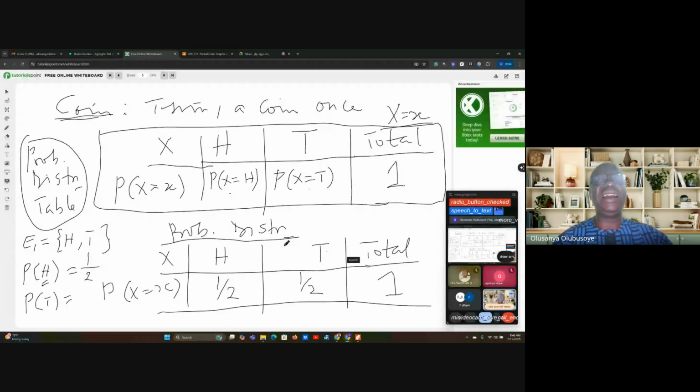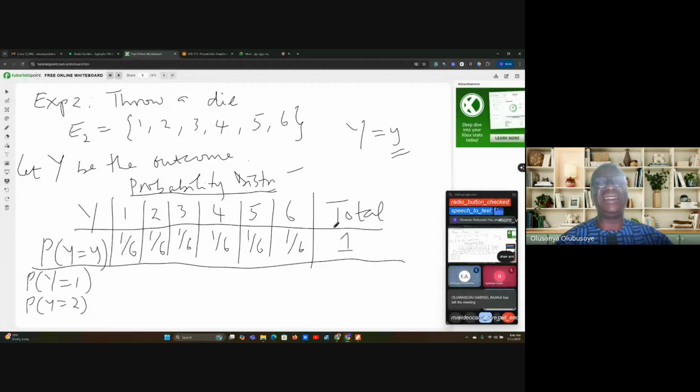We also demonstrated that here. So this is a probability distribution table. Why? Because you have all the possible outcomes listed, and for each of them, you have their probability values.